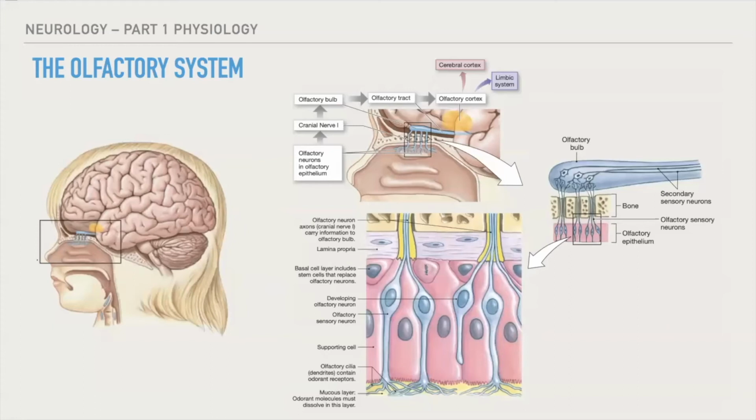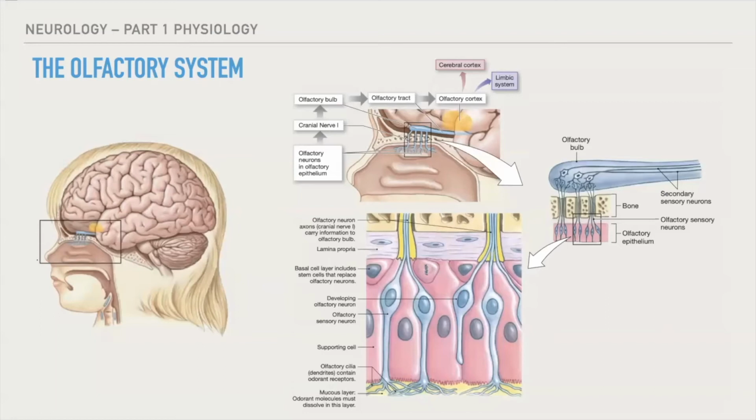The olfactory epithelium lies high within the nasal cavity, as you can see in the picture on the left. And on the picture on the right side, we can see that the olfactory nerve carries the information from the olfactory receptor cells to the olfactory bulb. And on the picture in the middle, we can see the olfactory epithelium.